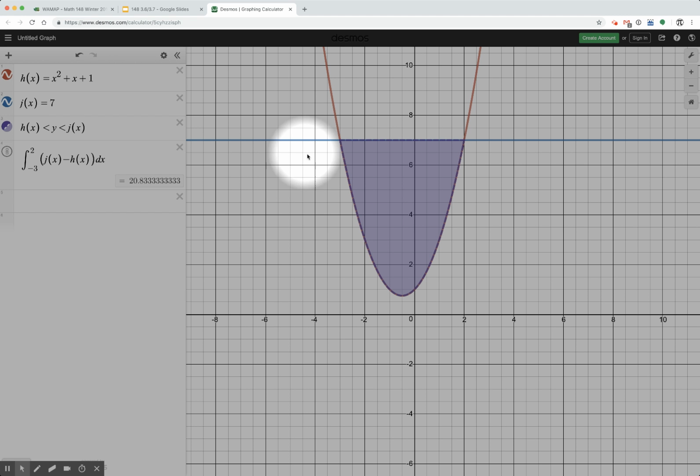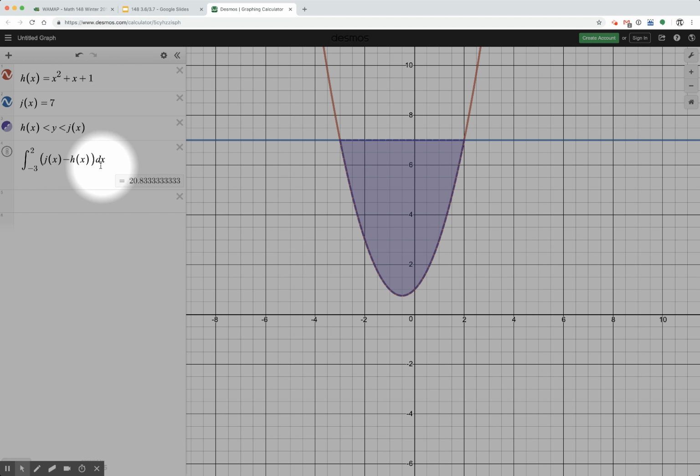You can see here that I have the left limit of integration is -3, and the right limit is +2. And when I take the integral from -3 to 2 of j minus h dx, I get the numerical value that we got through our integration by hand.